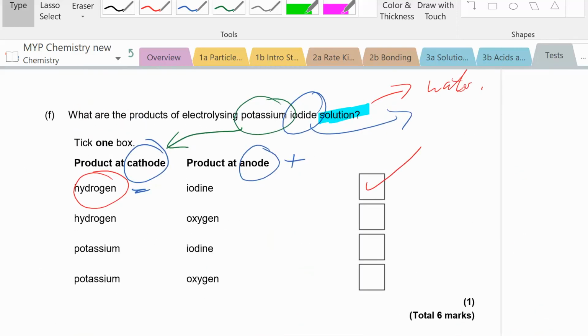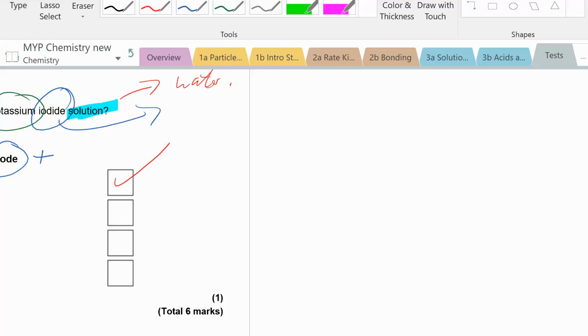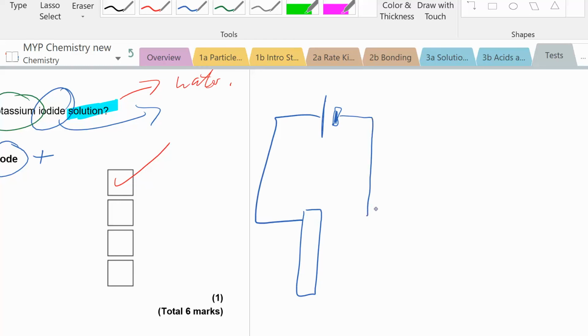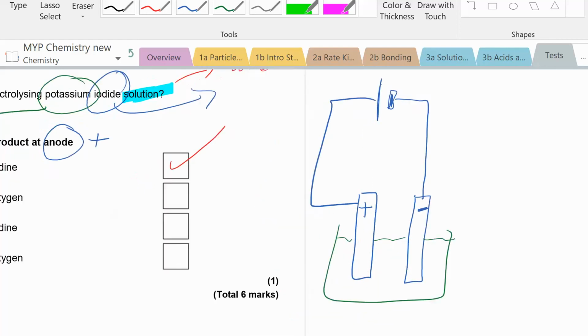Just to explain that one more time, so you will have a battery or power supply, and here is my solution. You'll have one positive electrode and one negative electrode.